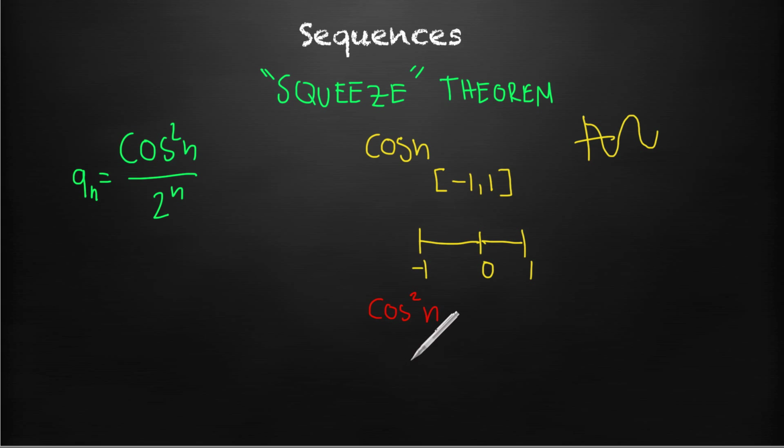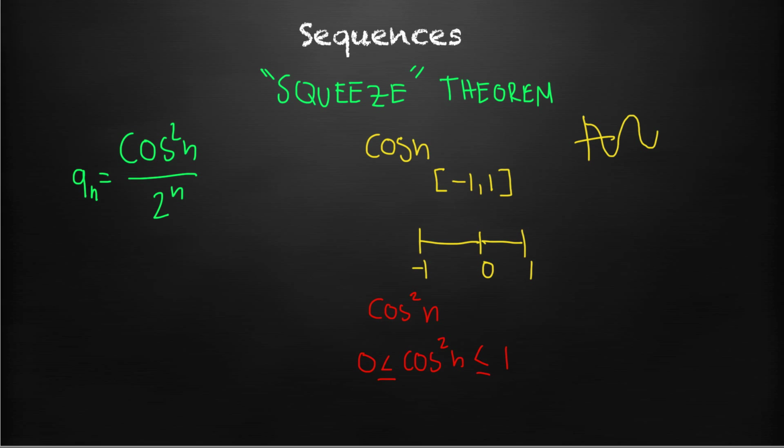So the cosine squared of n, you could say, is always going to be greater than or equal to 0. Cosine squared of n is always going to be greater than or equal to 0 and less than or equal to 1.